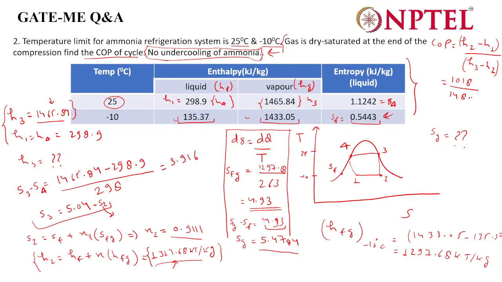I approximated it as 148. So H3 is 1465 and H2 is 1317, so 148 approximate.